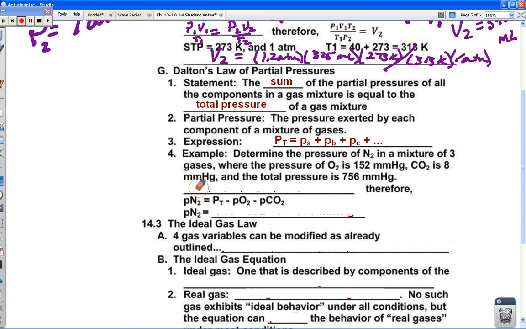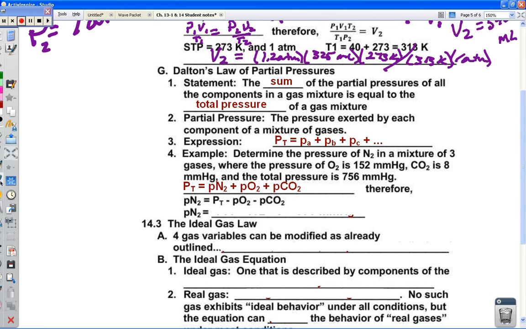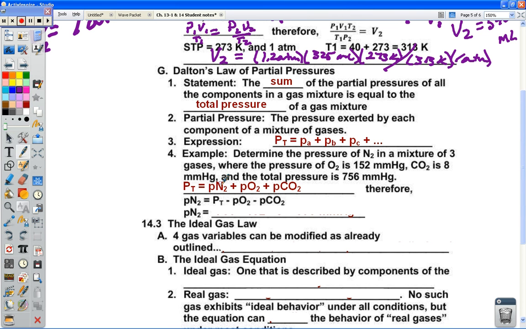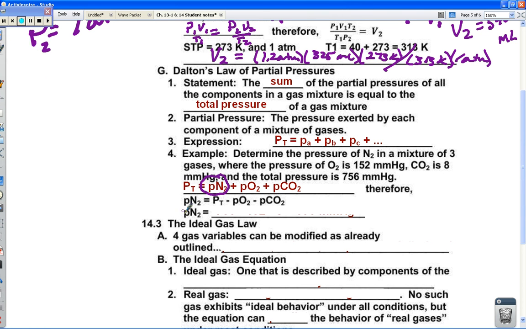Okay, so, our total pressure is going to equal the pressure of the nitrogen, plus the pressure of the oxygen, plus the pressure of the CO2. But we're looking for the pressure of the nitrogen, so we need to get it by itself.